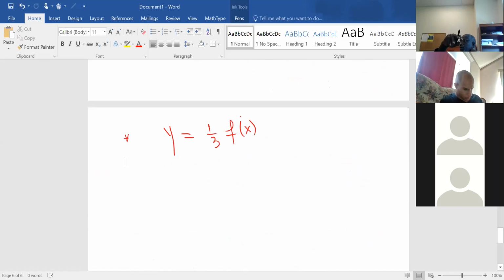Will we stretch or shrink the range? Shrink. We're going to shrink the range 3 times. If you have y equals 1/3 f of x, you're going to shrink the range.